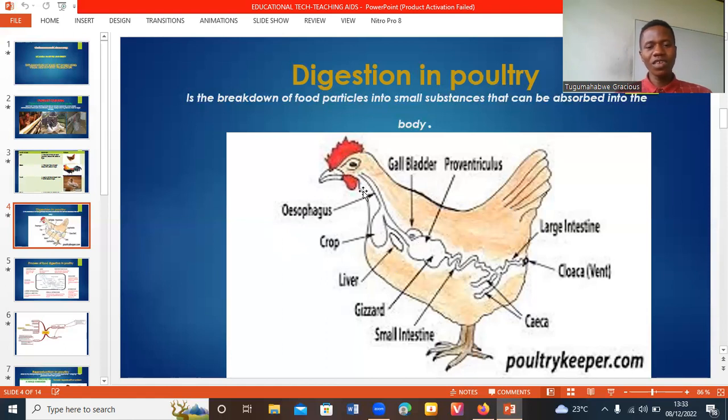This is called a digestive system, possessing these parts that are labeled. So this is a visual aid that can be used in this way.